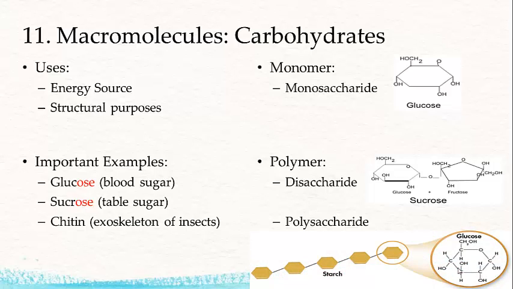A polysaccharide would be a starch, and in this particular example, we see that we have several individual glucose molecules held together by several bonds, and that is a starch. Glucose isn't the only monosaccharide. Any single sugar, fructose, any of those things are going to be monosaccharides as well.